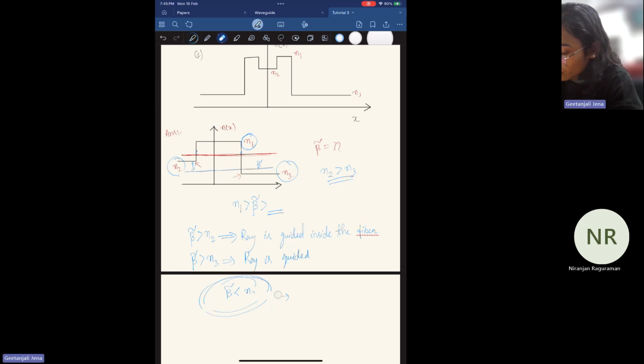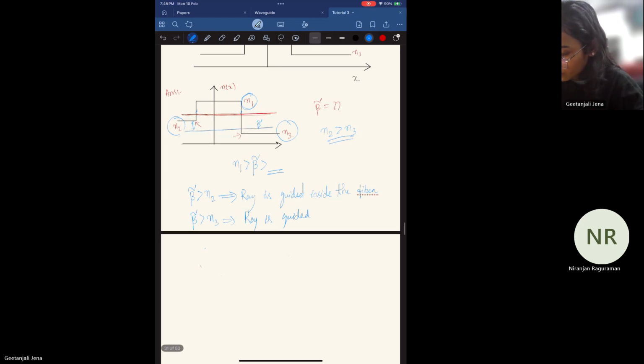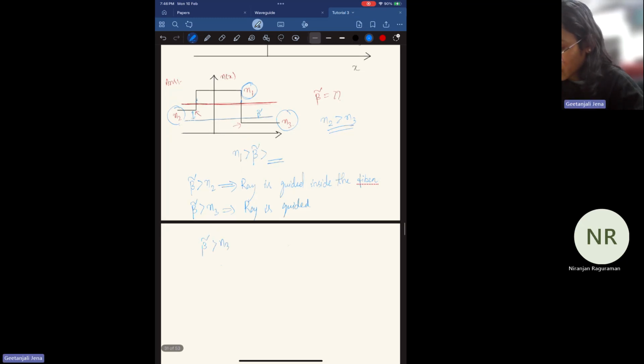Sorry. So let me draw again. We have beta tilde greater than N3. But in this situation, N2 is greater than beta tilde, right?